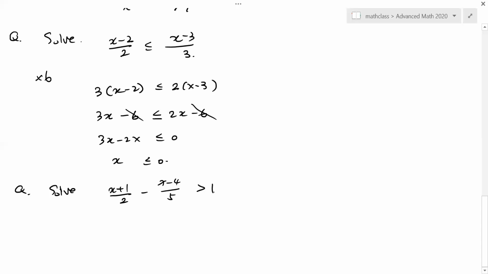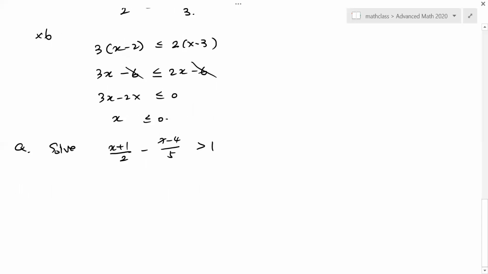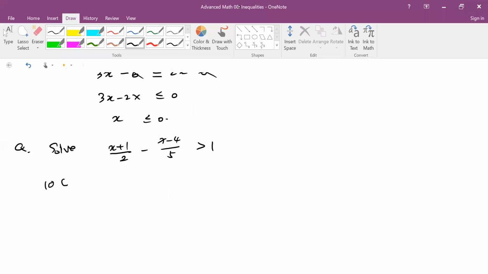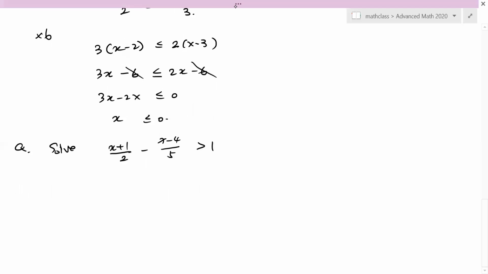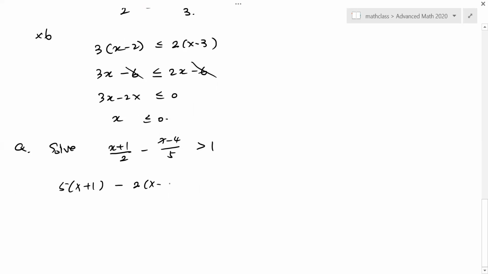All right, so we have several answers. Okay, great. So let's do this. Again, you multiply by 10 on both sides. So 10 divided by 2 is 5, right? So let's just put the 5 there. 5 times x plus 1 minus 2 times x minus 4 greater than 10.